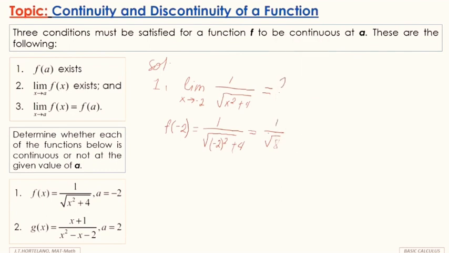We can simplify this: 8 is 4 times 2, and the square root of 4 times 2 is 2 square root of 2, so we have 1 over 2 square root of 2. Then rationalize, multiply by square root of 2 over square root of 2. So we have the square root of 2 over 4, because square root of 2 times square root of 2 is square root of 4, which is 2, times 2 is 4.